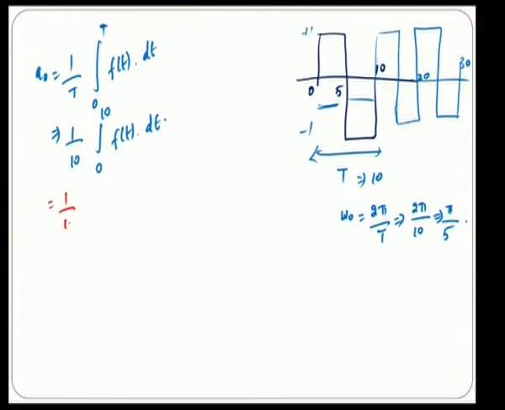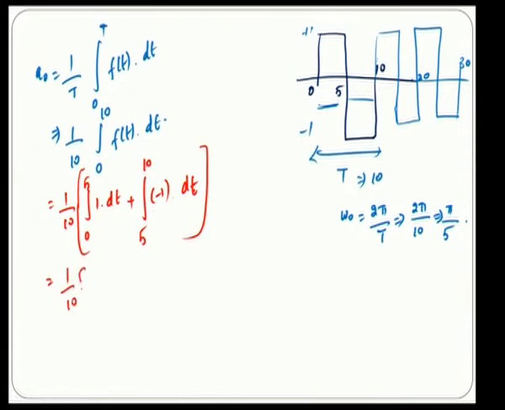So, 1 by 10, for 0 to 5 the value is 1 into dt, plus 5 to 10 minus 1 into dt. So, 1 by 10, after integrating you get t from 0 to 5, plus this one is minus t, right, from 5 to 10.